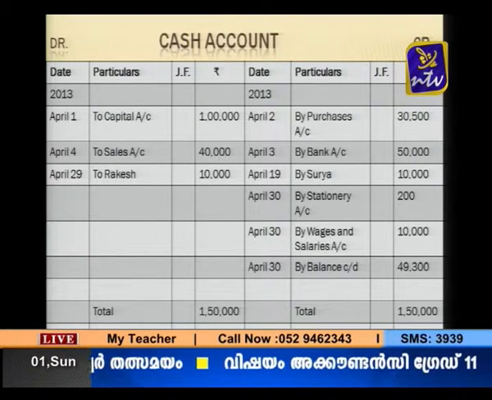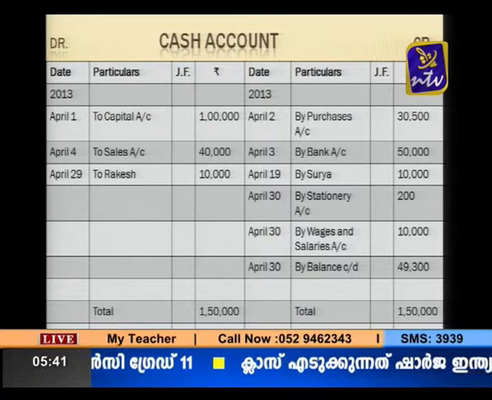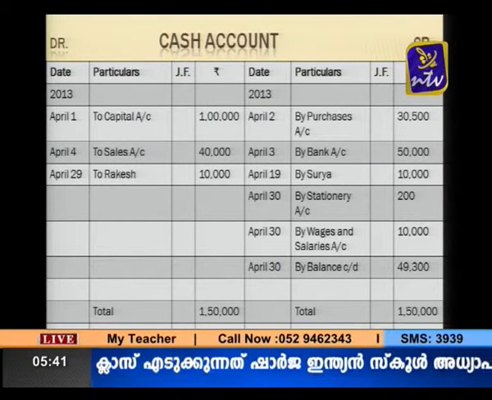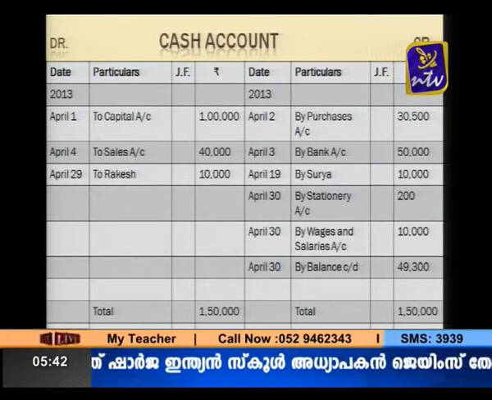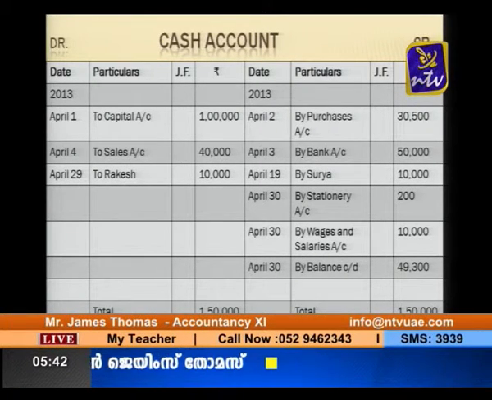All receipts we put on the debit side, and all payments on the credit side. Your point is how we transfer the transaction to the respective ledger accounts. Look at one example.